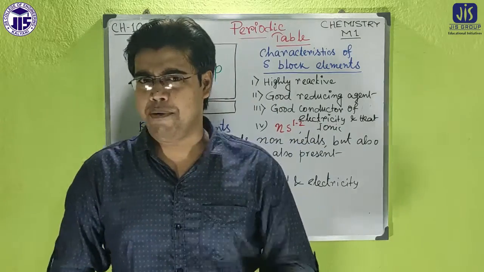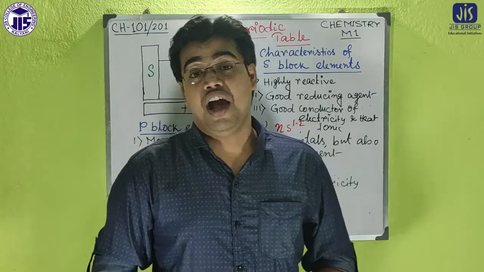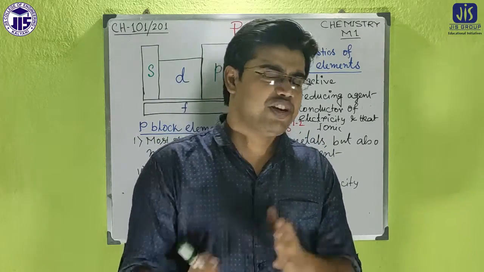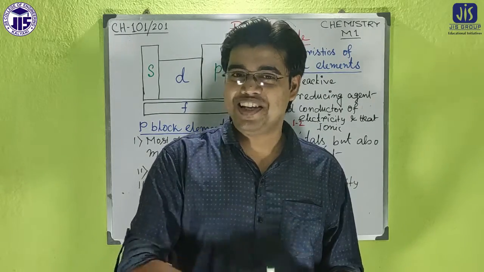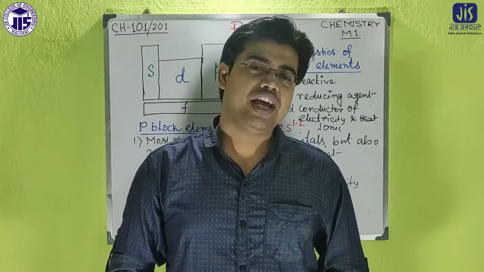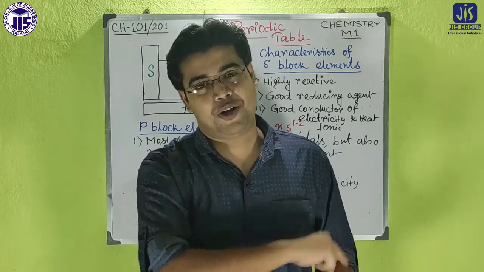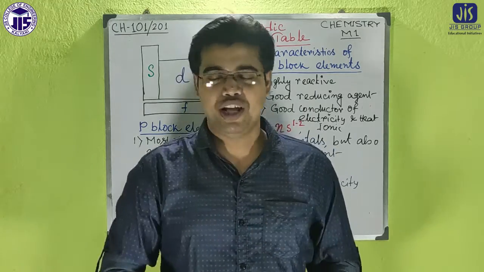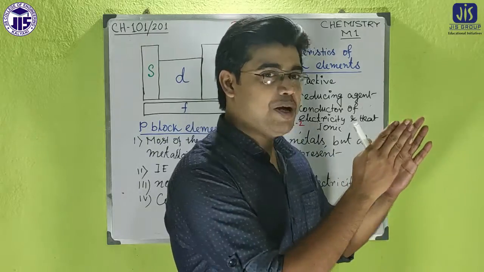Today we will discuss a few factors. First of all, we will discuss the properties of each and every block. In the previous class I told you that there are 4 blocks: S, P, D and F. So today I will give you some information about each block, because there are some peculiar properties of each.